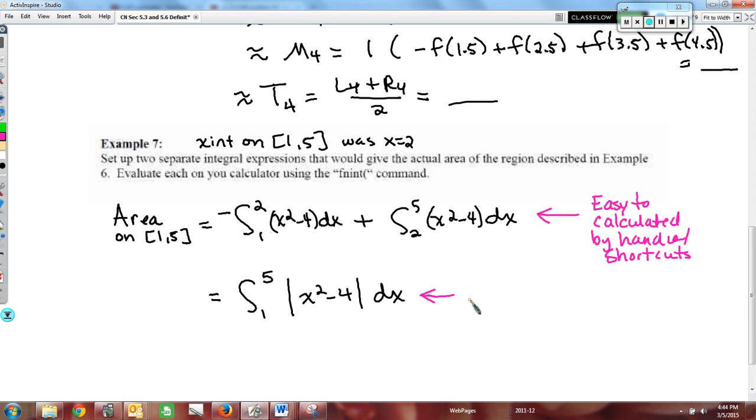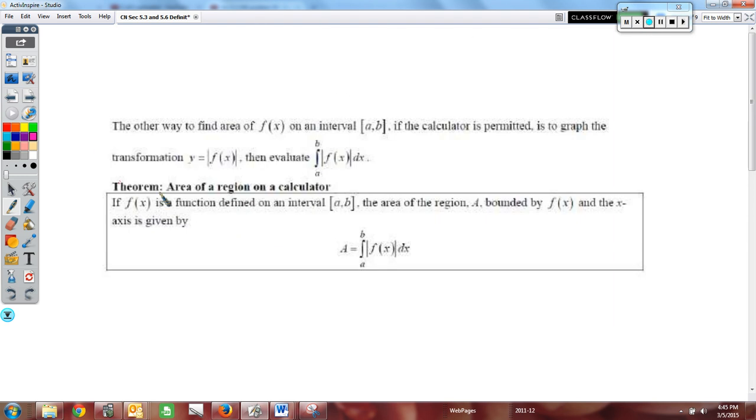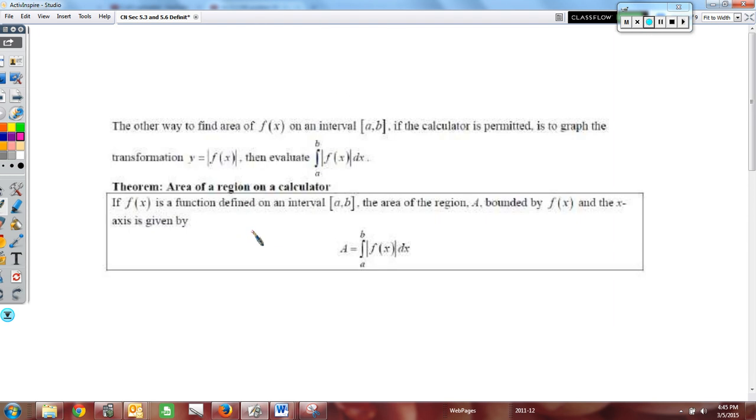So this one is what you would use when it's on the calculator section, because the calculator does not care whether or not you can integrate it by hand. The calculator is just going to do it. So the first one is the one you would do on the non-calculator section. This is going to be the one that you are going to do on the calculator section because the calculator will take care of it for us.